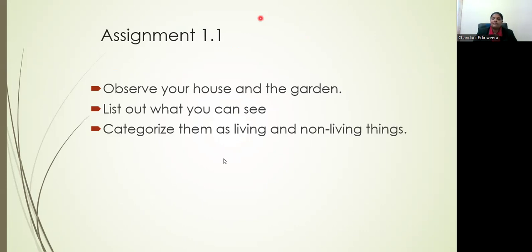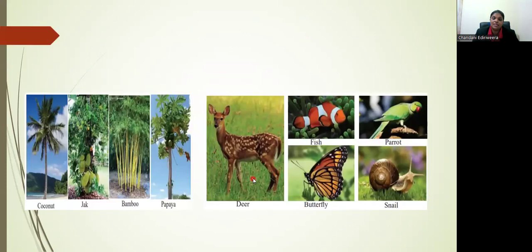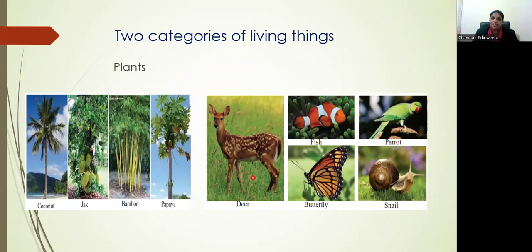When you take these living things into one side, very easily you can see these living things showing some two differences. So these living things we can categorize further under the plants and animals.